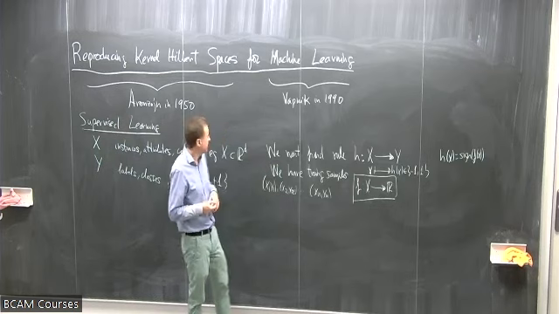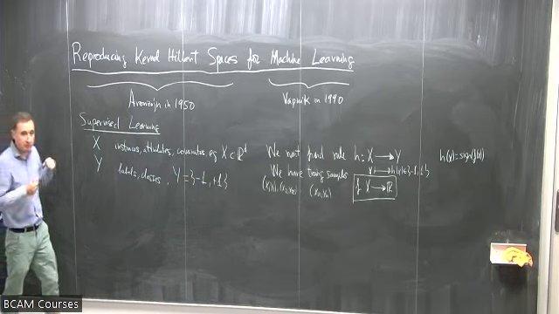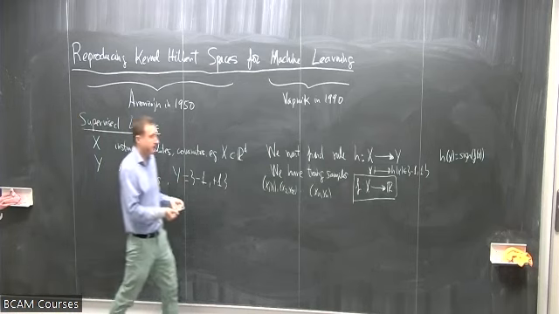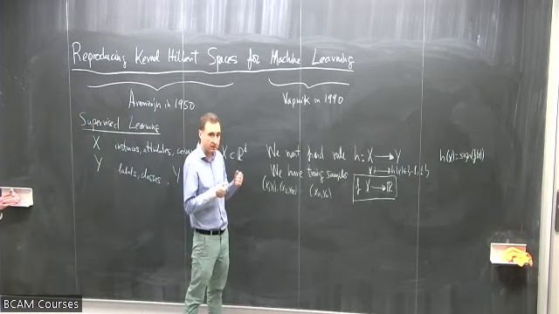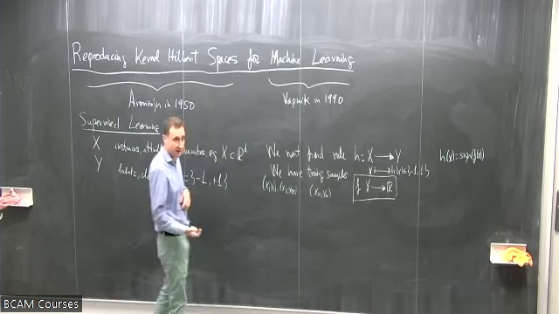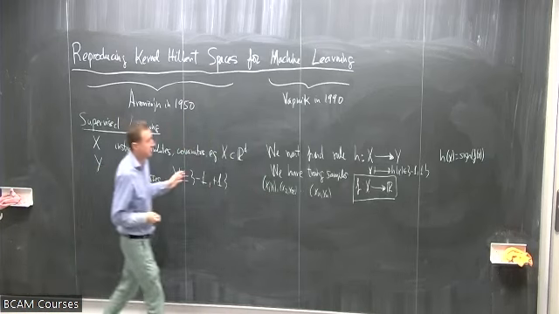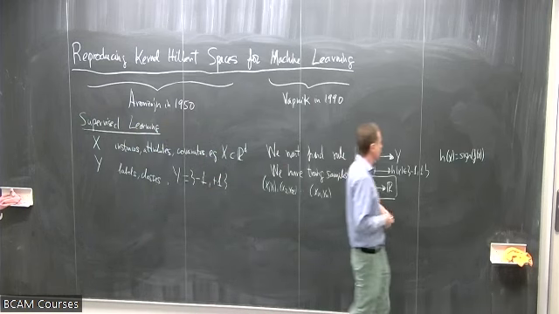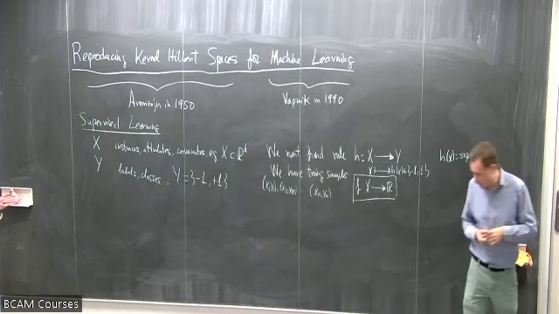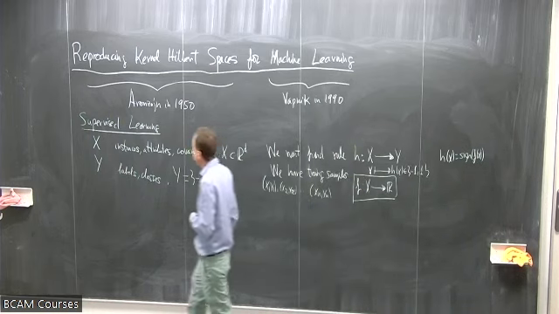That's also why it's called supervised learning, because somebody gives us supervised examples in the sense that we know the x and we also know the true label or the true class. So we have a bunch of examples and then we want to find the rule, which is the same as finding this.